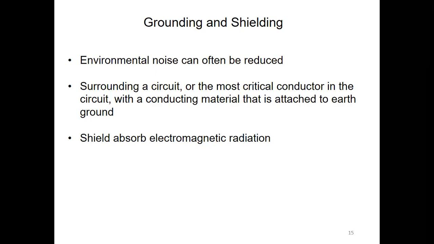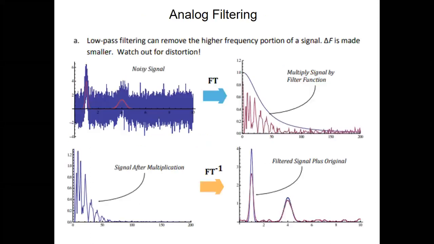So instead, before it goes to the conductors in the circuit, this shield will absorb the electromagnetic radiation. Since the shield has been grounded, it will not go to the instrument. Instead, it will go to ground. So that is what happens in this hardware method, grounding and shielding.